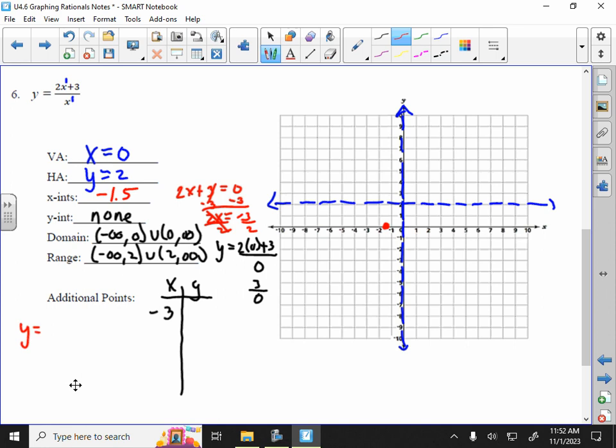So y equals 2 times negative 3 plus 3, all divided by negative 3. So 2 times negative 3 is negative 6. Negative 6 plus 3 is negative 3, divided by negative 3 is 1. So negative 3 has a y value of positive 1. Apply it right there. So now I have one of my curves done, and we'll disconnect them.